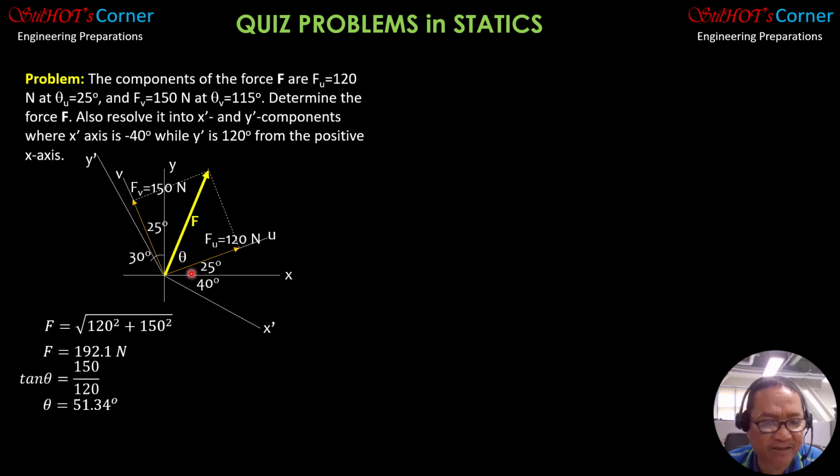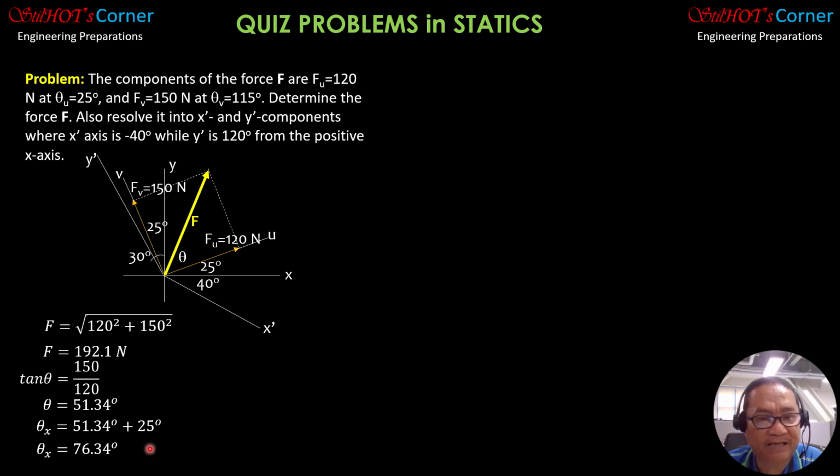So that means F from the x-axis, we add 25 degrees. So theta x is 51.34 degrees plus 25 degrees. So theta x is equal to 76.34 degrees.